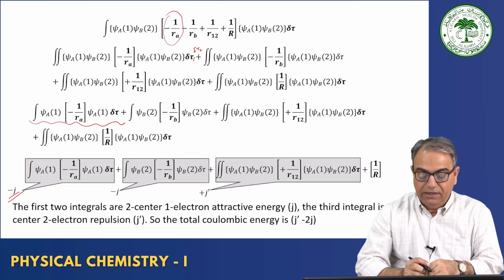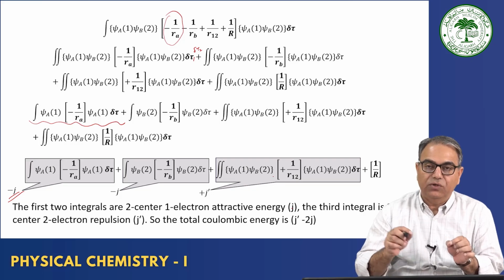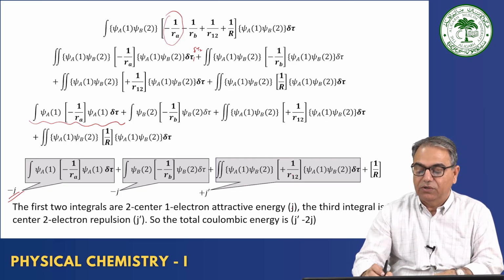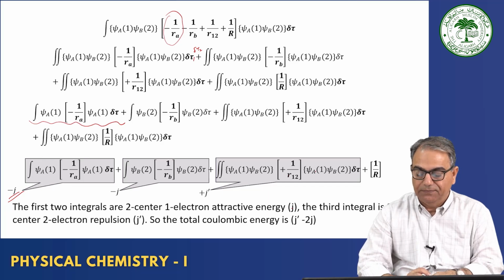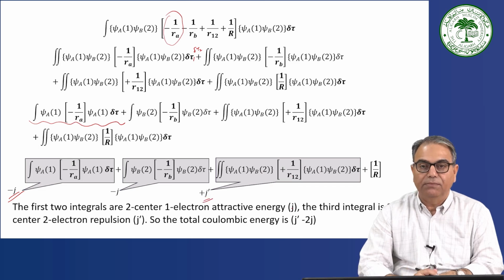The third integral is actually two-electron repulsion, two-centered. Again you have one electron and a second electron, and there is a repulsion between the two. So this is given as plus 1 by r12, and this is given as plus J prime.